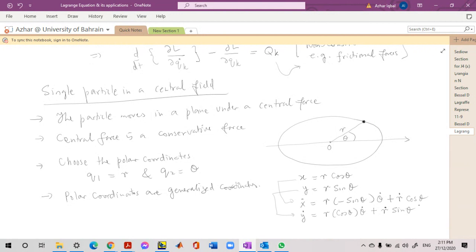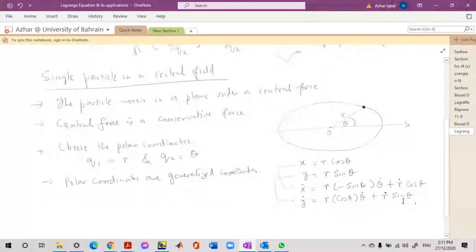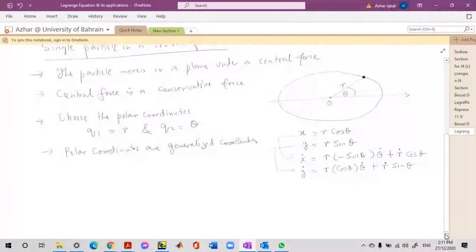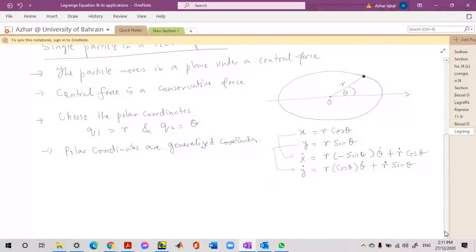Now the kinetic energy of the particle is given by half m v square. Let T be the kinetic energy.